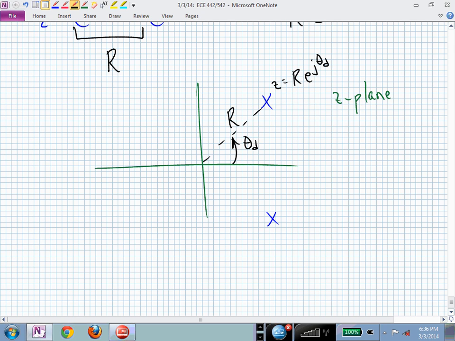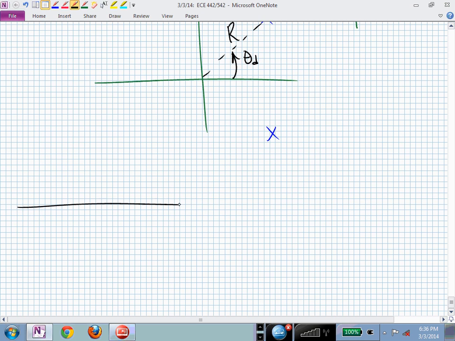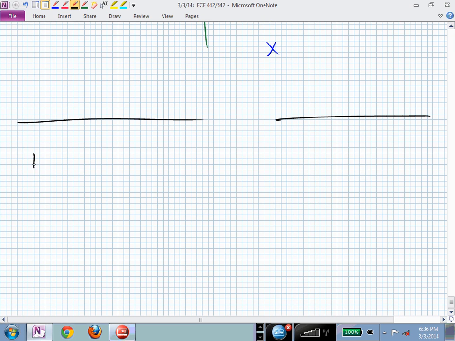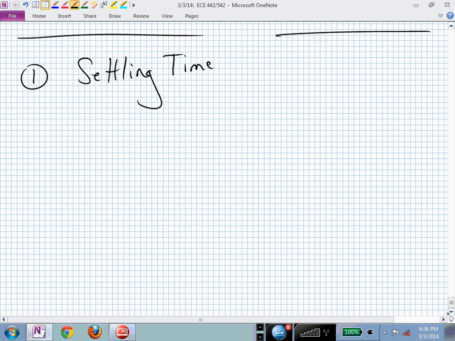Let's look at the settling time. And I'm hoping now you're thinking target practice. What? Well, maybe that will make sense. Now, when you're thinking settling time, well, let me not get ahead of myself. What did we have for the settling time concepts in the S-plane?